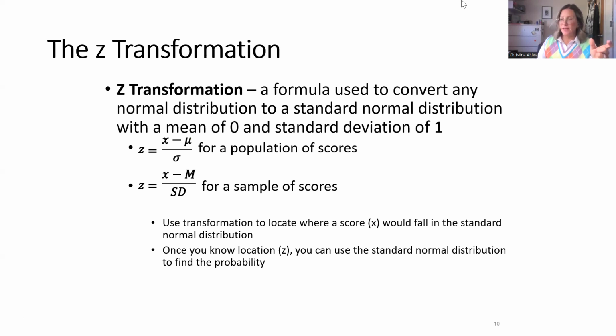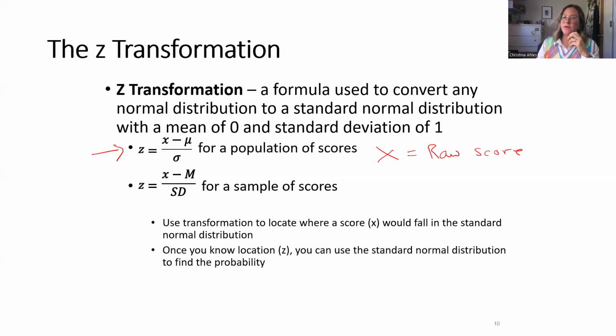So for a population, see this top one here. X is just whatever raw score you're looking for.